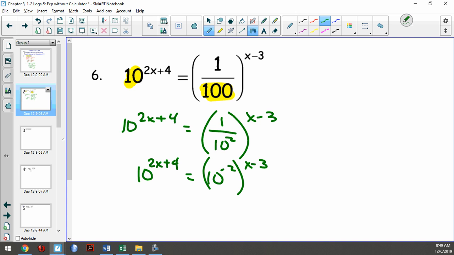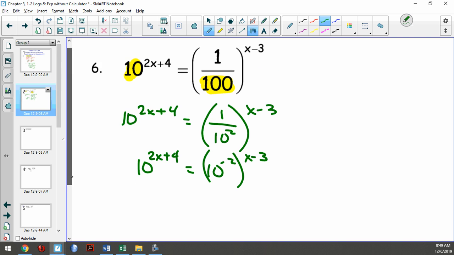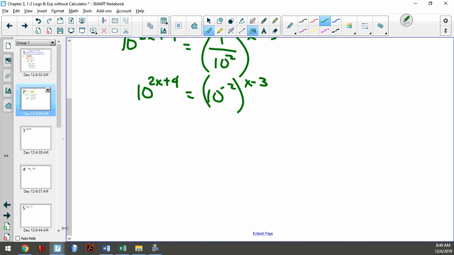Correct? So now, what do I do with exponents whenever I have a power to a power? Multiply those. However, you have to make certain that you are distributing that. So that's going to be a negative 2 times an x minus a 3. Now my bases are the same, so I can set my powers equal to each other.